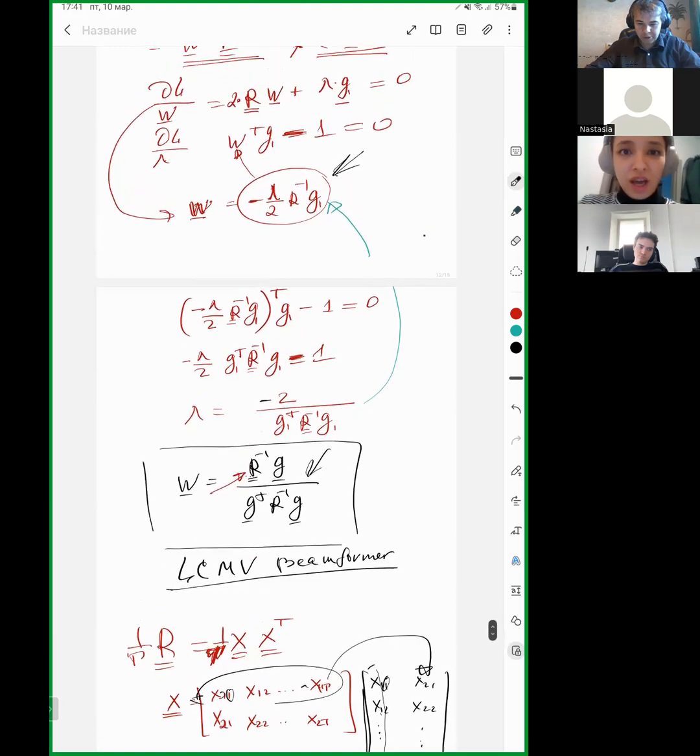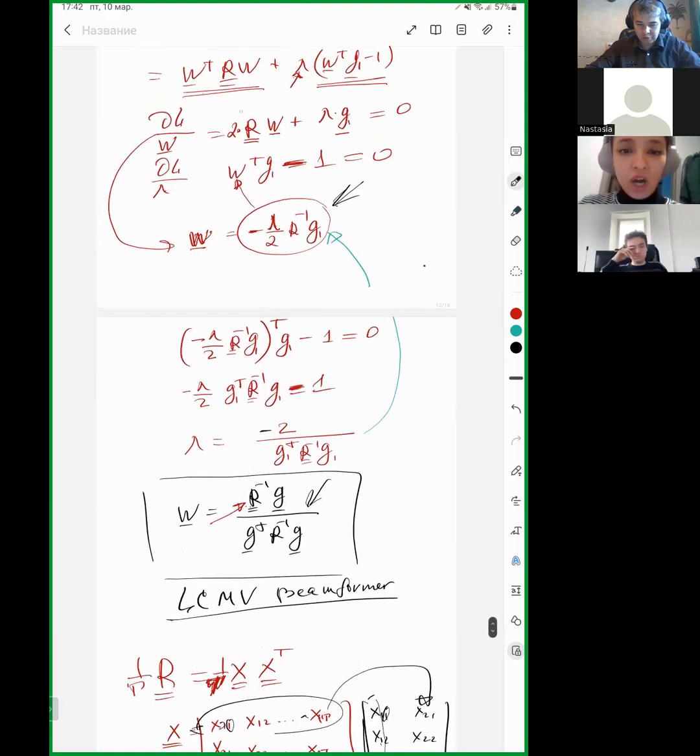We took this guy, we took this guy. From this guy, we found that our W has to be R minus 1 times G, multiplied by lambda. We don't know lambda, and to determine lambda, we need to substitute this W into this constraint.